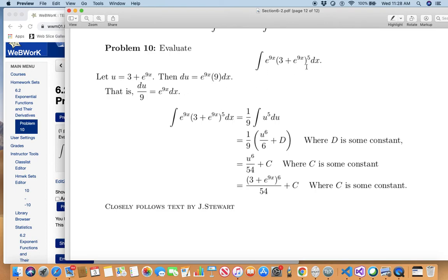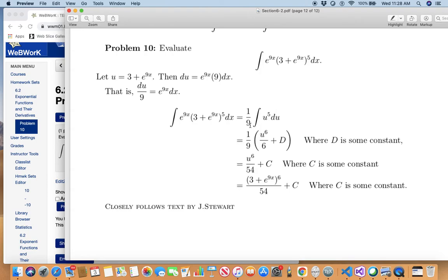So the required integral is 1 over 9, integral of u to the power 5 du. The integral of u to the power 5 is u to the power 6 over 6 plus some constant.